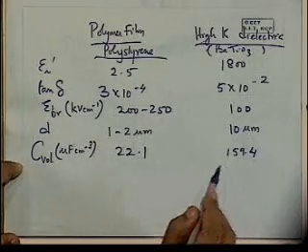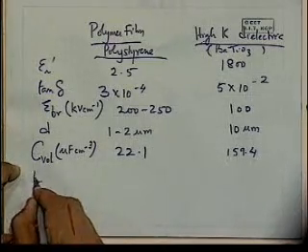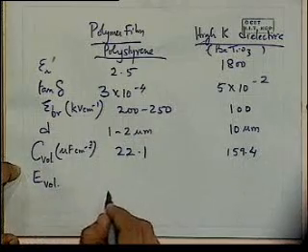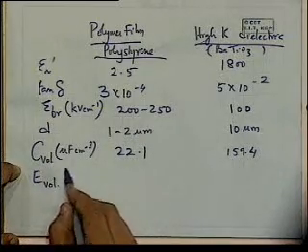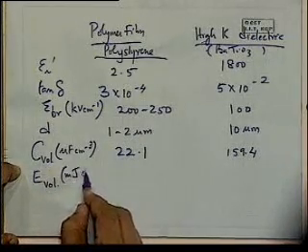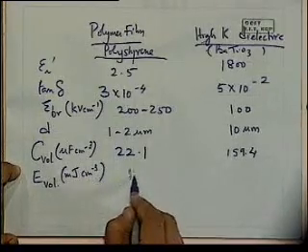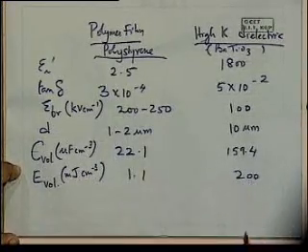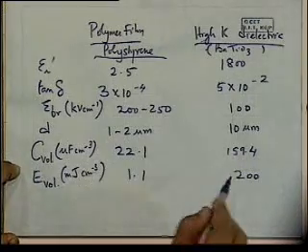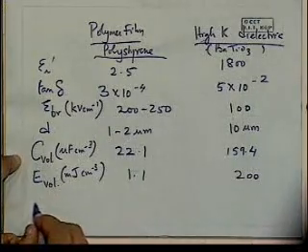Charge storage capacity per unit volume. The energy that is stored per unit volume, in millijoules per centimeter cube, 1.1 and 200. The ability to store charge in a very compact area is there.